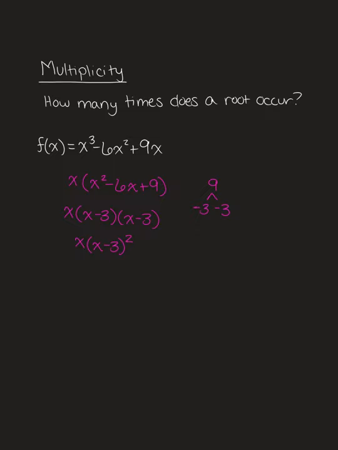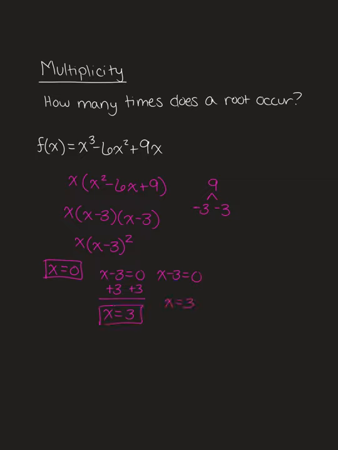Now, in order to solve, I have to set each factor equal to 0. So I have x equals 0, x minus 3 equals 0, and x minus 3 equals 0. I'm doing both of them. Okay, so x equals 0, that's one root. Add 3 to both sides. You will get x equals 3. That's the second root. And then same thing for this last one.